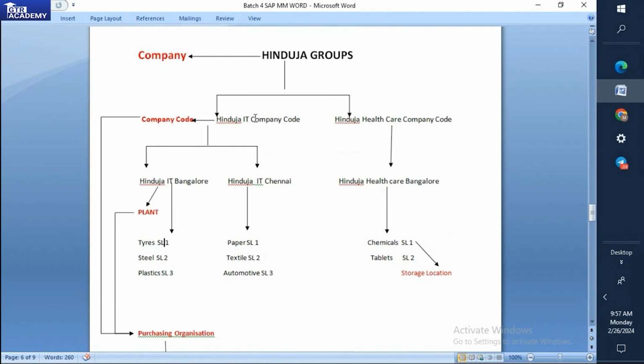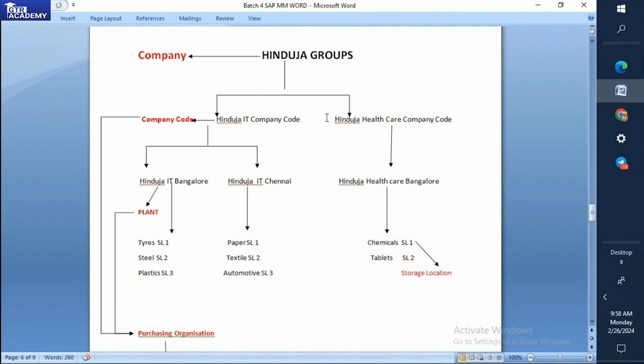See, the IT company code will have its own accounting unit, and in the healthcare domain, we'll have the other accounting unit. We can't merge them. In business, a company will have multiple company codes. Whatever profits and losses are going in each company code, we can't merge that, and we won't get the final output, like how much the healthcare domain is facing losses, how much it is taking profits.